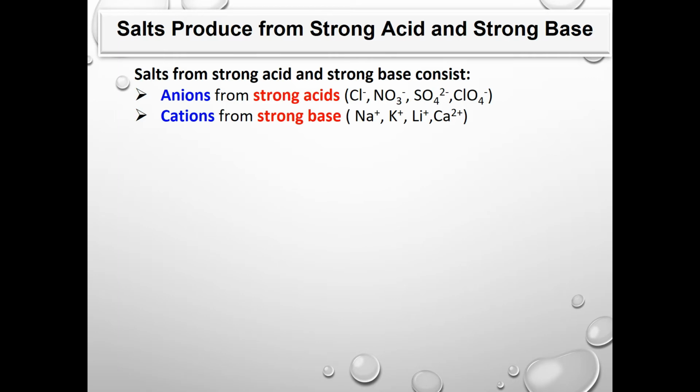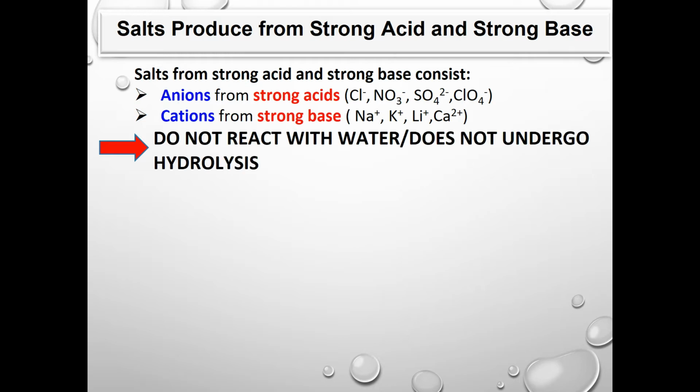Salts from strong acids and strong bases consist of anions from strong acids, for example, chloride, nitrate, sulfate, and perchlorate ions, and cations from strong bases, for example, sodium, potassium, lithium, and calcium ions. These anions and cations do not react with water, or do not undergo hydrolysis.